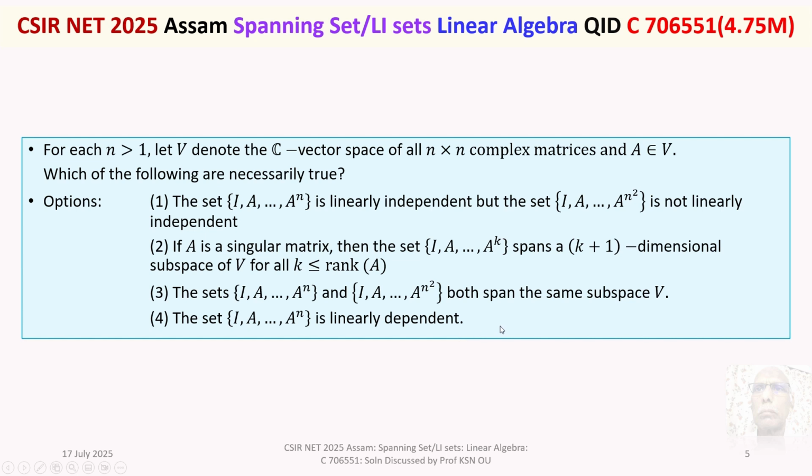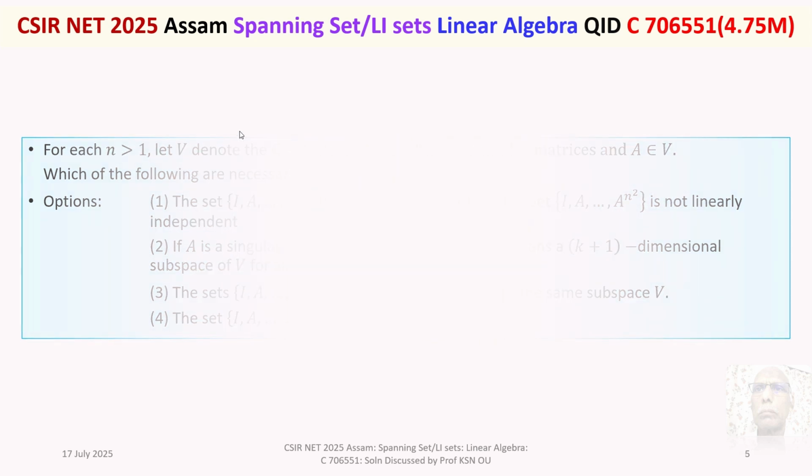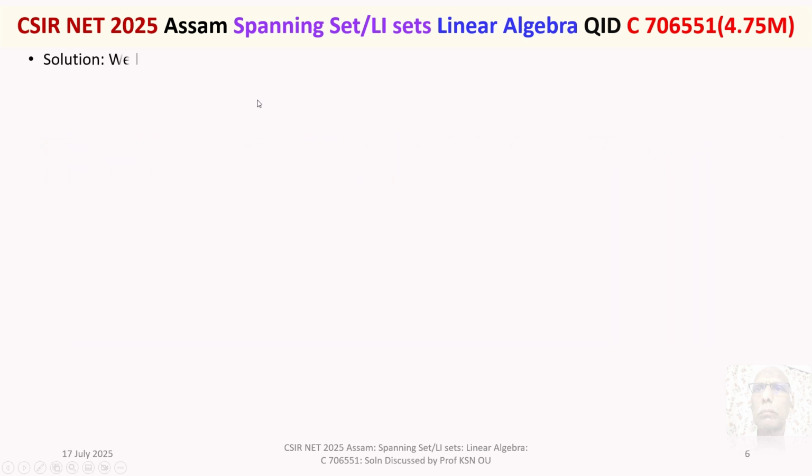It's a very simple and straightforward question, and this uses the definition of linearly independent set, linearly dependent set, the spanning sets, and so on and so forth. Let's now get into the solution.